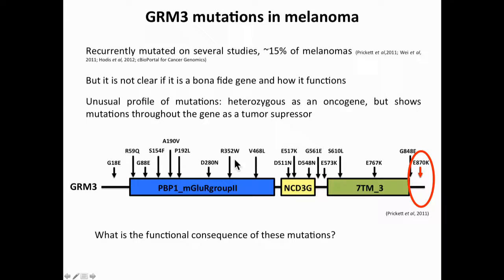As you can see in the protein structure, the several mutations are represented throughout the protein. One of the hotspots is E870K, which is represented in several of the melanomas that were sequenced. So what is the functional consequence of these mutations?